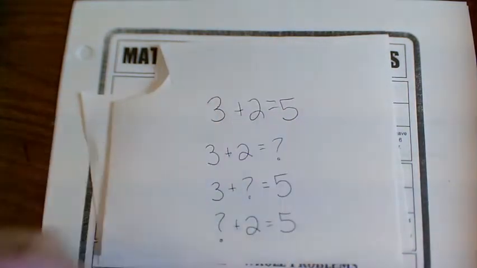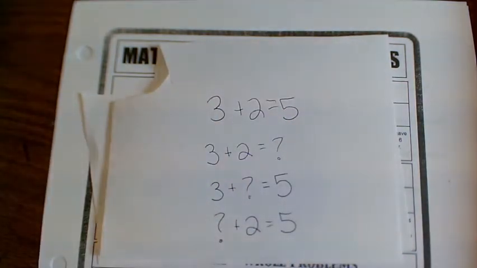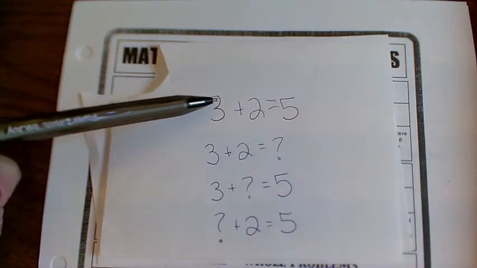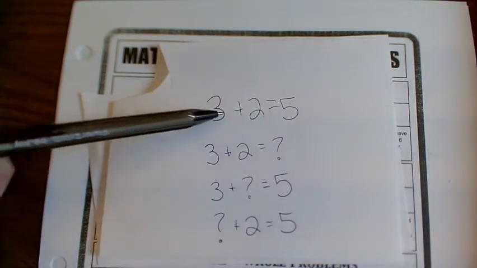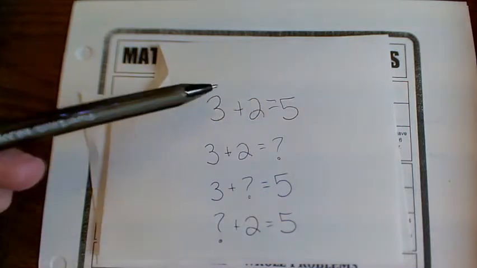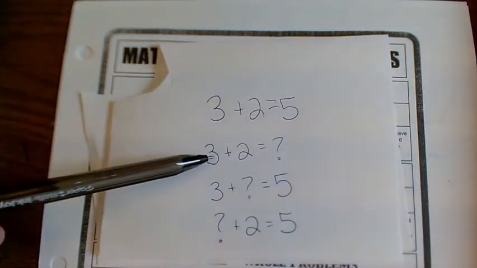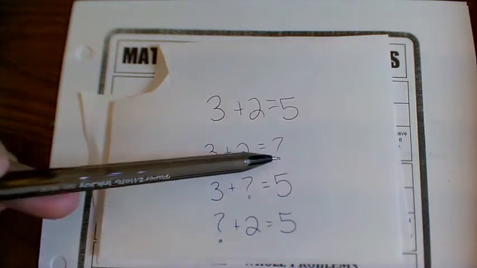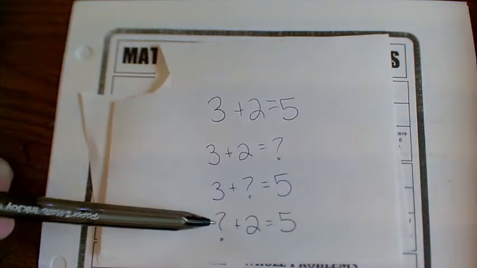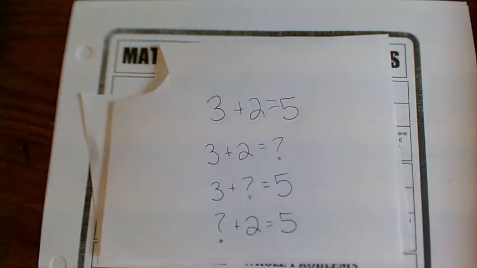Now I have 5. So how many did I have to start with? So again, for any fact family, so any 3 numbers that we can write into an addition problem, or the same with subtraction, we could write them in 3 different ways, where we are either missing the result, we are missing the change, or we are missing the starting number.